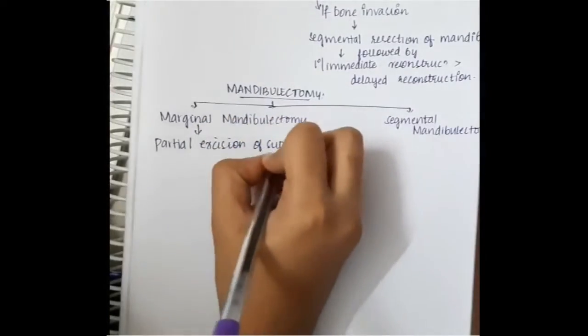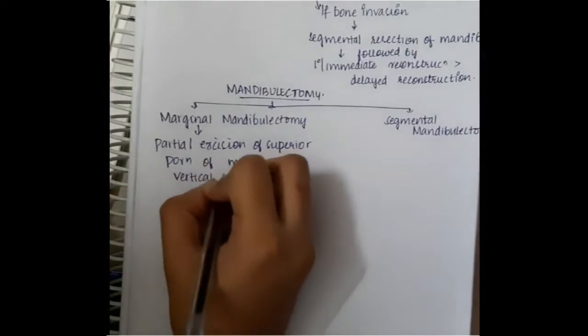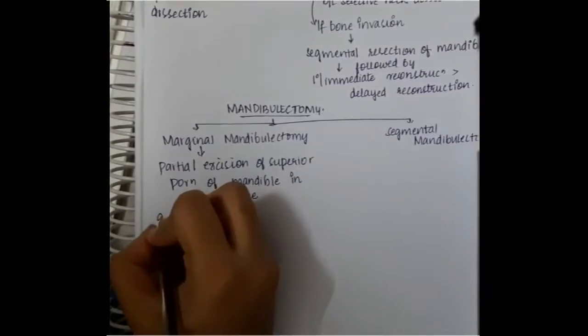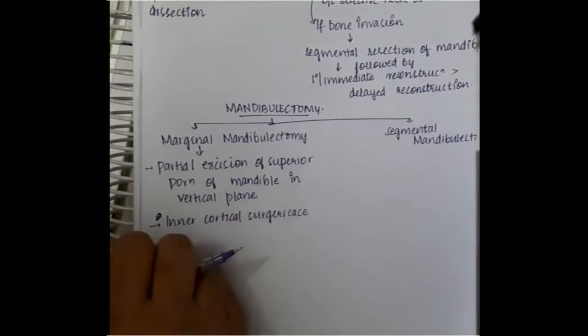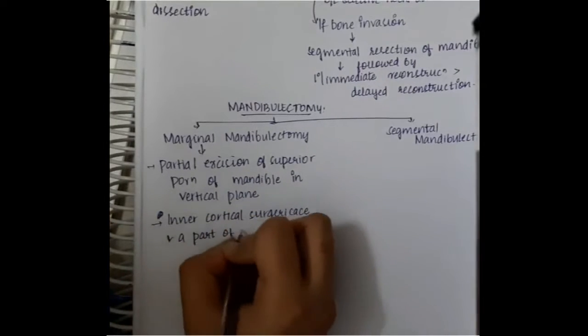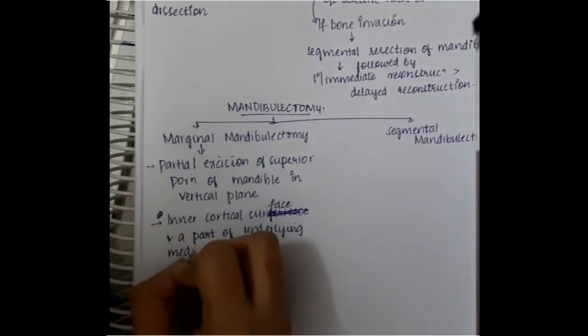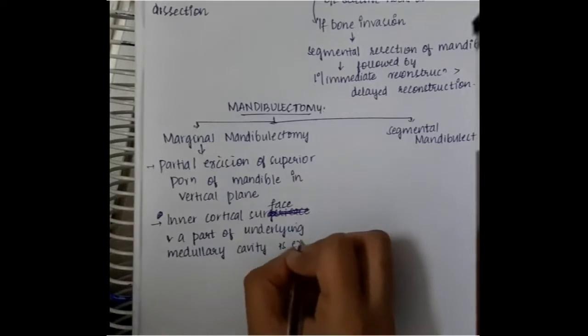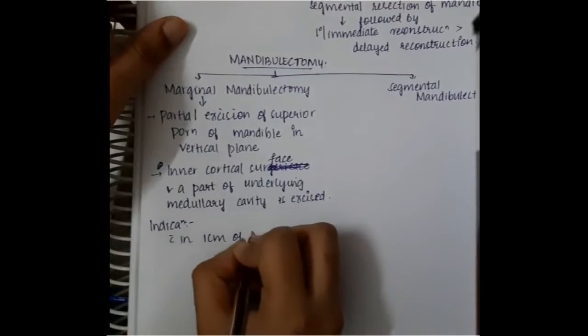First we will learn some important points about marginal mandibulectomy. Here you will do partial excision of the superior portion of the mandible in a vertical plane. The inner cortical surface and a part of the underlying medullary cavity is excised. Indications are seen with 1 centimeter of mandible.